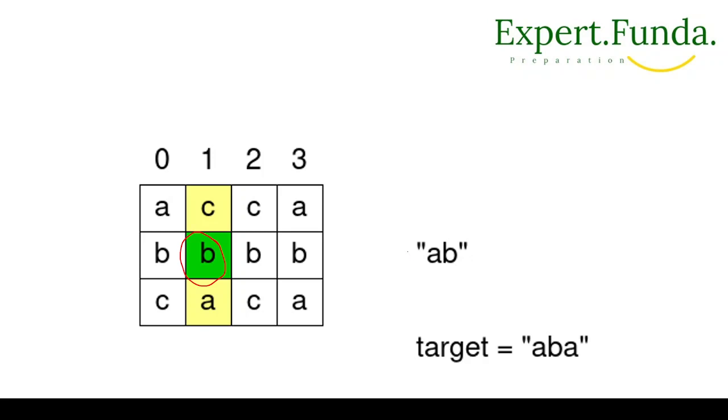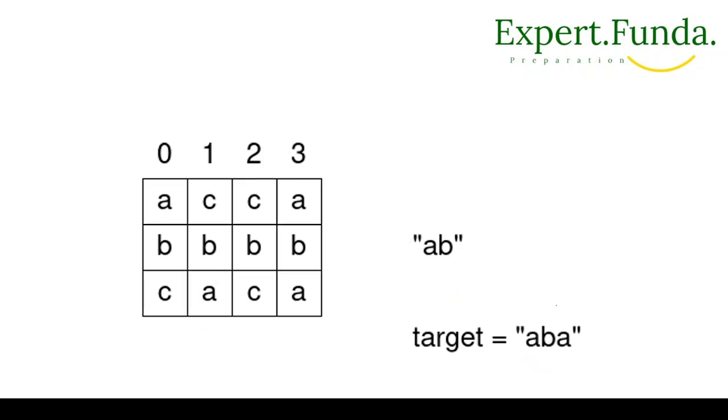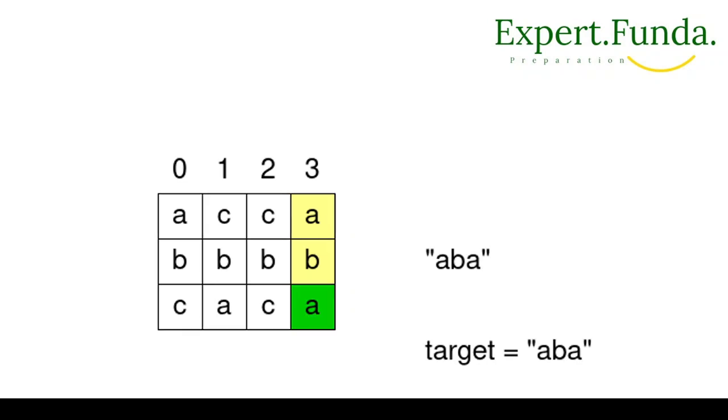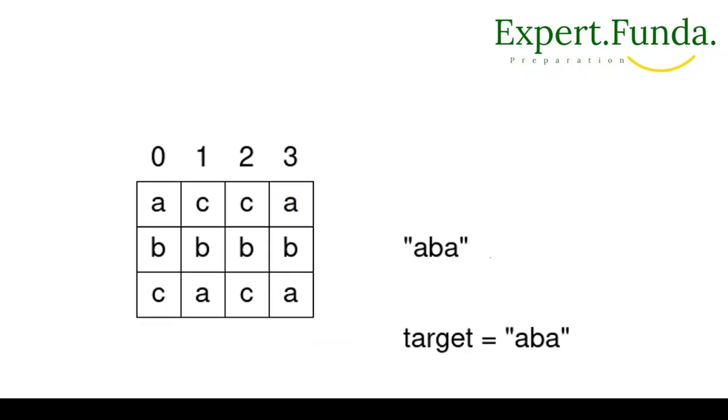Now A is searched, B is searched, and now we have to search A. We traverse to the next column and check if A is there, and we have A here. In this way we'll form the target.